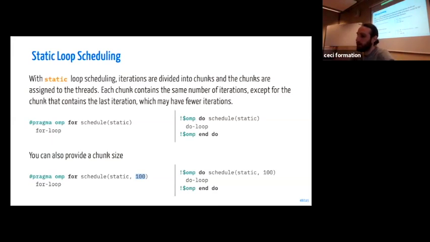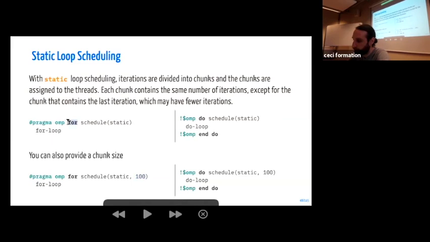If you just define pragma omp for, but you don't specify any schedule, this is what you get: a static schedule with the size of the chunks defined by the number of iterations divided by the number of threads.